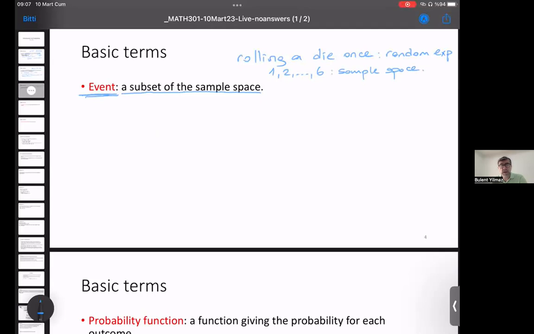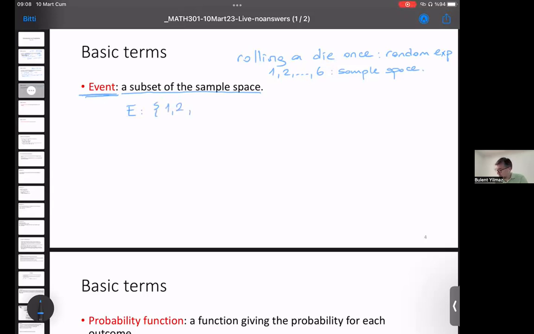Can anybody tell me getting an even number from the die? Exactly. Oğuzhan got a correct answer. Anybody else? Oğuzhan said even number. Let's say it's an even event. What did he say? Even numbers, right?